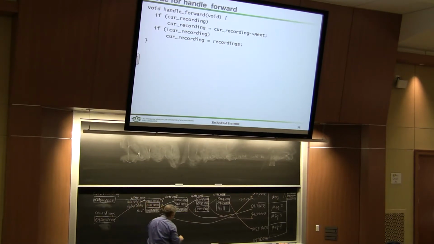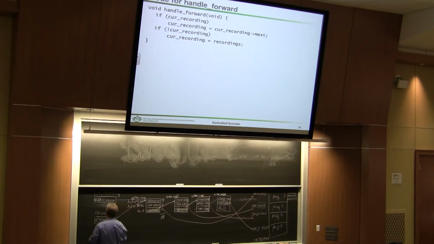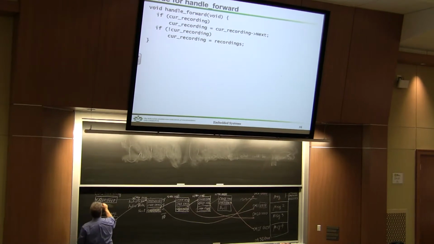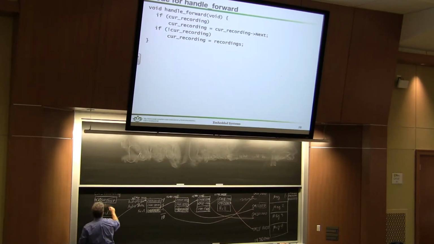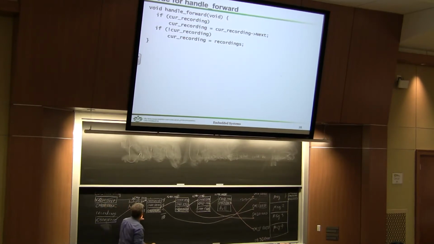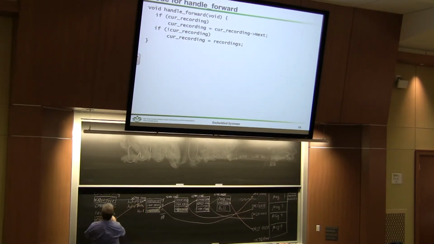You just take the next one, 040000C. In other words, take whatever we're looking at, look at the pointer next, and overwrite the previous one and put it into the new one. So that's how you advance to the next.